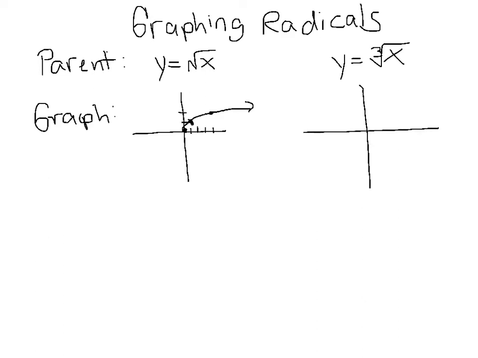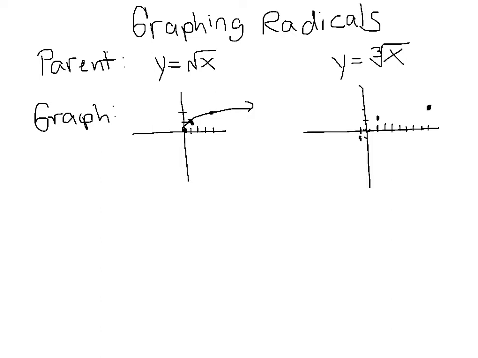On the cube root function, we do have a point at the origin. If you think about the cube root of 1, that's 1 as well, so I'll have the point (1, 1). The next integer we can take the cube root of is 8, and the cube root of 8 is 2. But the cube root of negative 8 is negative 2.